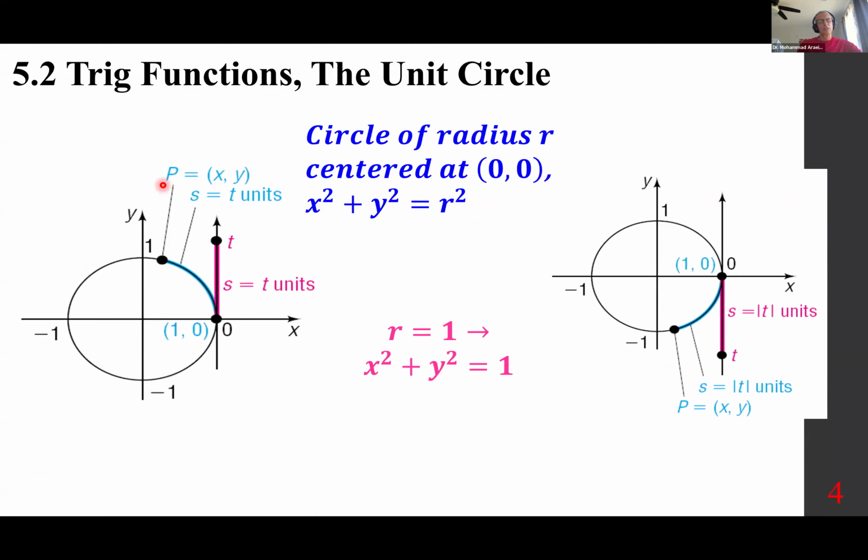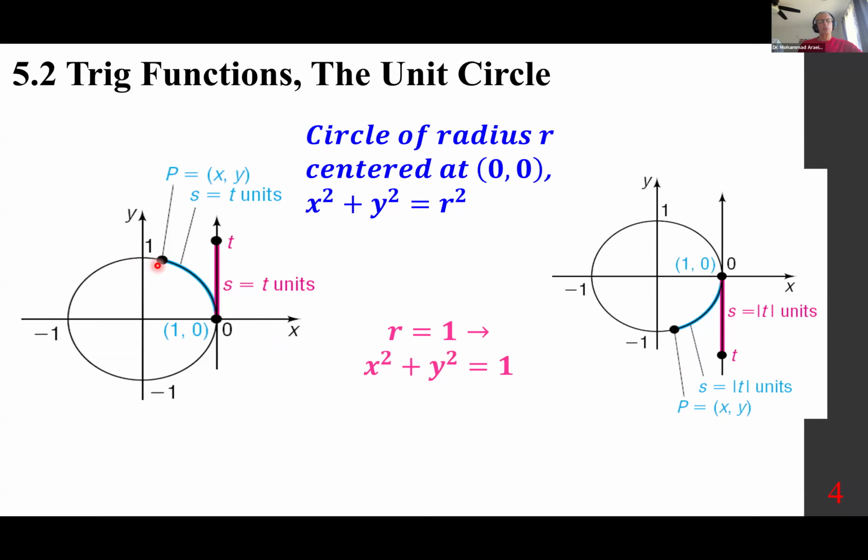So therefore, when we look at this, this point must have (1, 0) as coordinates, (0, 1), (negative 1, 0), (0, negative 1).